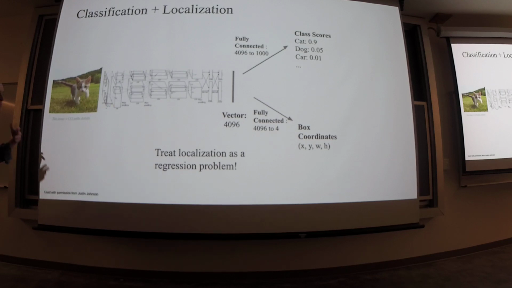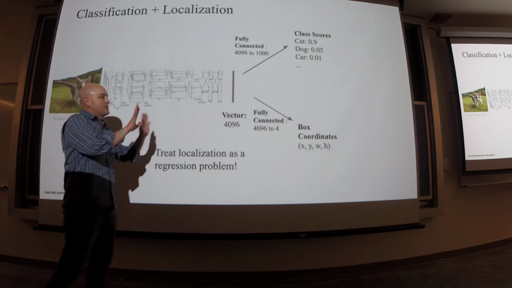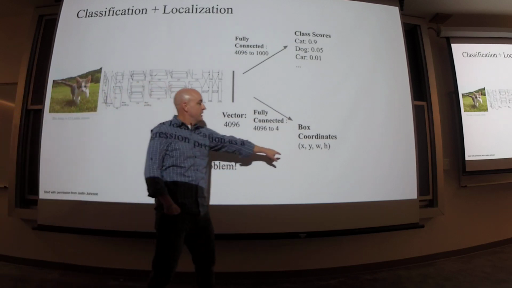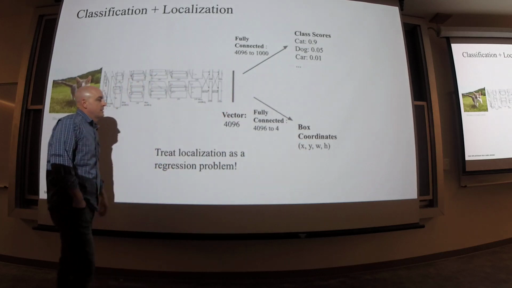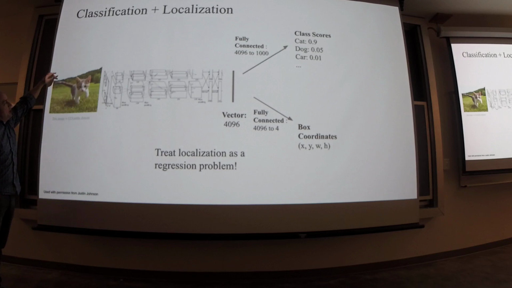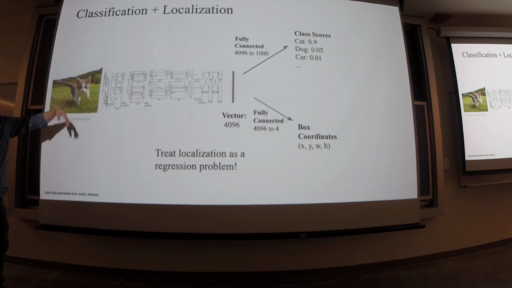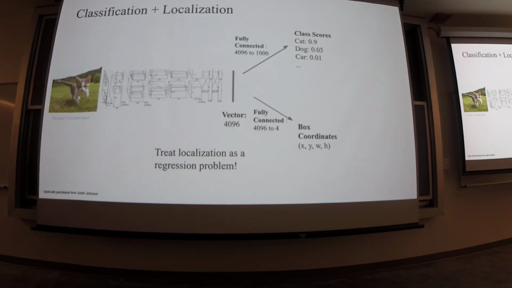So what's done here, and we're going to see all the ways that this is done, is you need to learn some parameters that describe the box. So usually there's something like an upper left-hand corner, and then a width and a height, and that's the box. So this is now a regression problem.